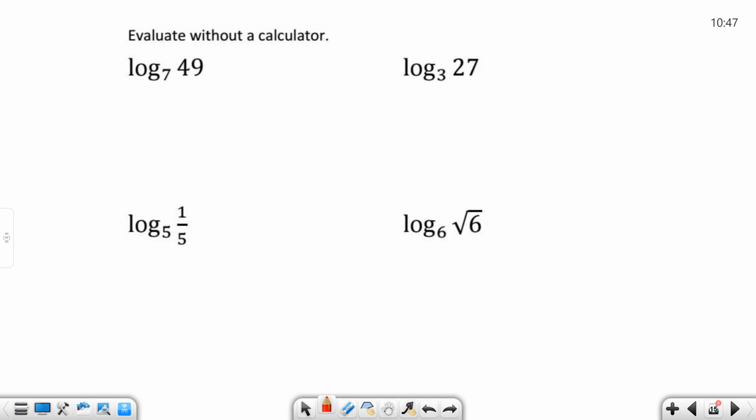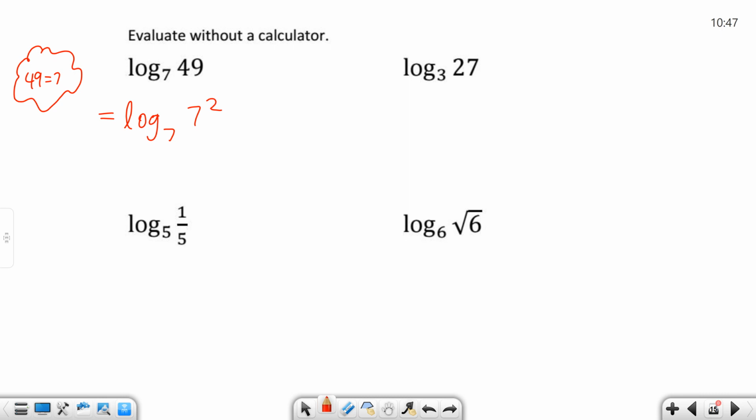So here, can I write 49 as 7 to a power? You can't change this base, you want to change this other thing, 49, and write it as 7 to a power. So then it's log base 7 of 7 squared, right? 49 is 7 squared. So maybe over here in a thought cloud, I'm thinking, okay, 49 equals 7 to what power?